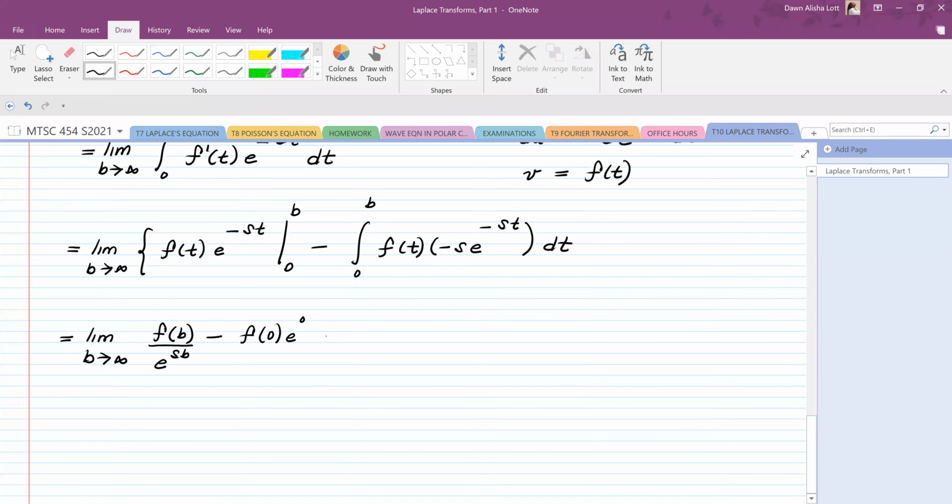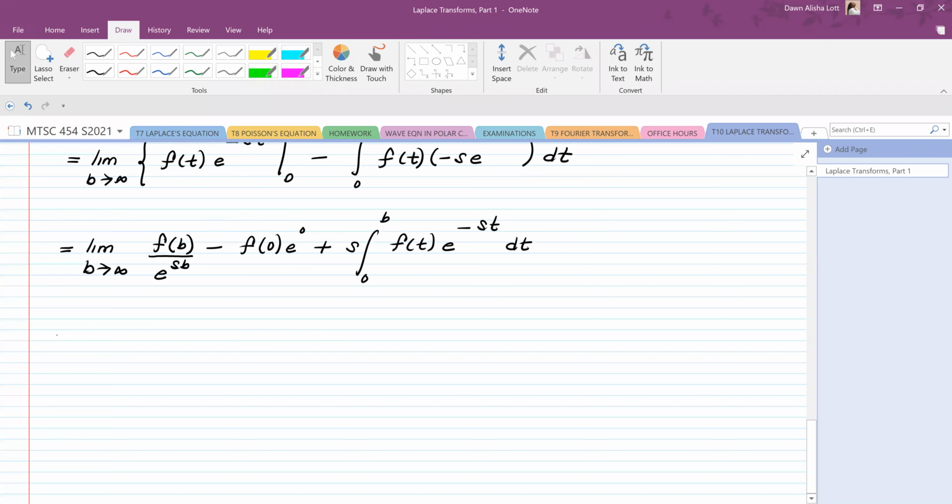Then I'm going to get plus the integral from 0 to b of s f of t e to the minus st dt.